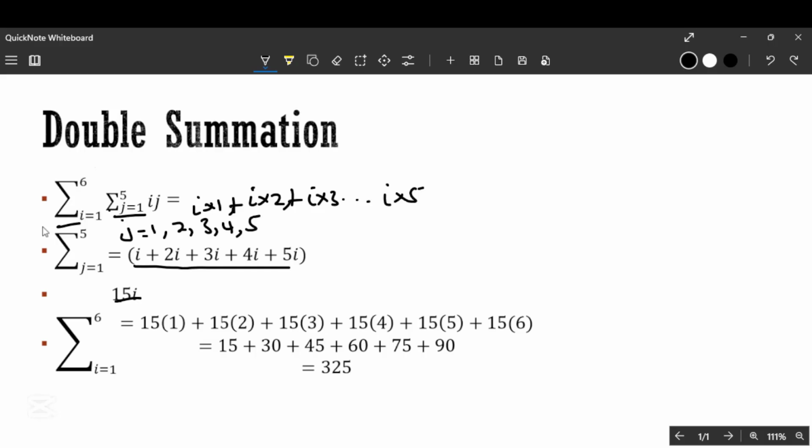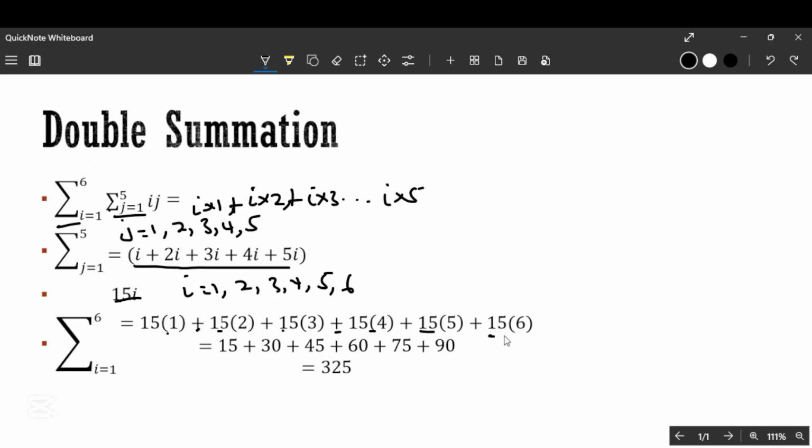i ranges from 1 up to 6, meaning i starts from 1 and ends at 6. In this case, we are going to make a substitution where i is. So when i equals 1, we are going to have 15 times 1 plus 15 times 2 plus 15 times 3 plus 15 times 4 plus 15 times 5 plus 15 times 6.